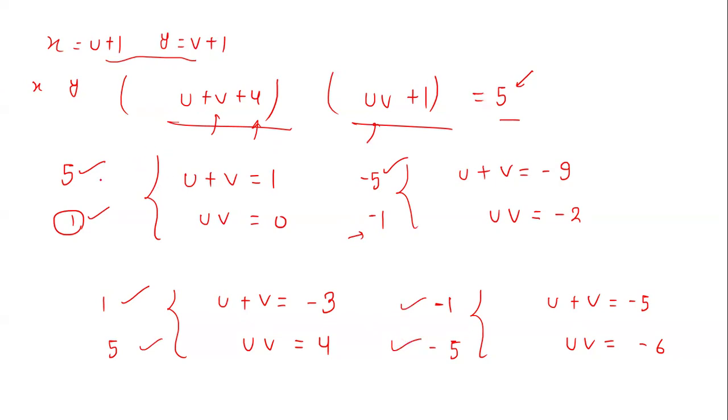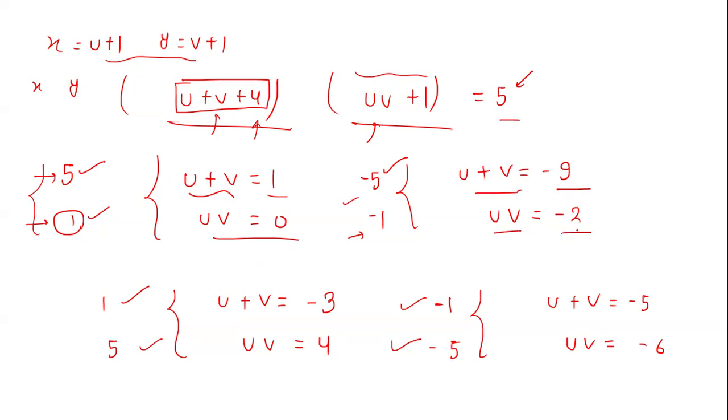Take the first possibility: the first term is 5 and the second term is 1. For u plus v plus 4 to become 5, u plus v is required to be 1, because 1 plus 4 is 5. And for uv plus 1 to become 1, uv is required to be 0. The second case is minus 5 and minus 1. Here u plus v is minus 9, and for the second term to become minus 1, uv is minus 2.